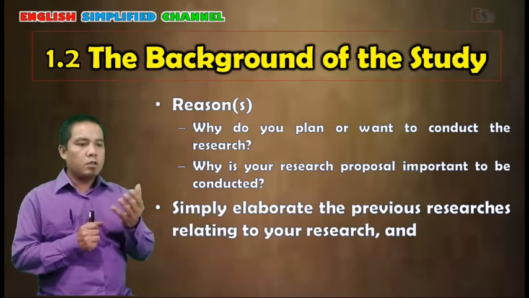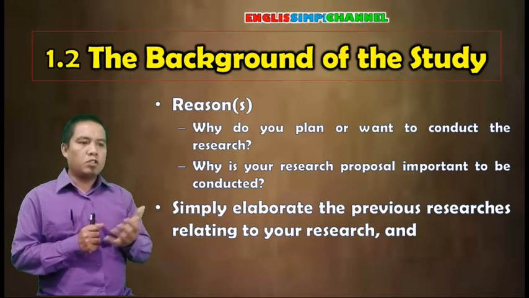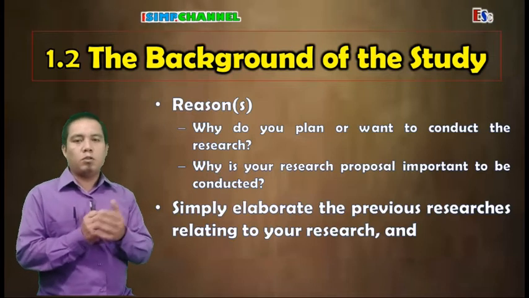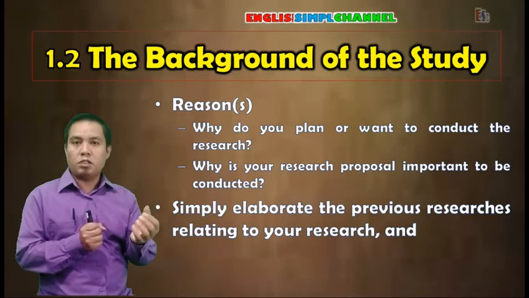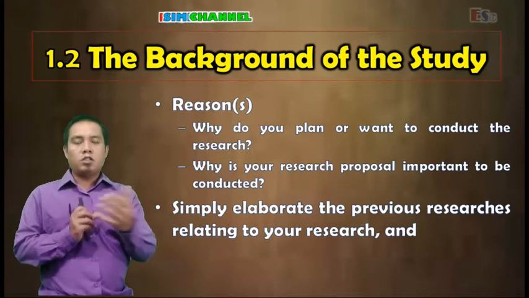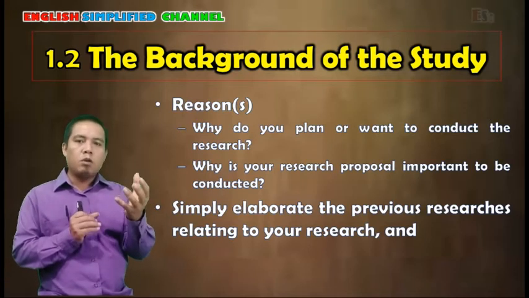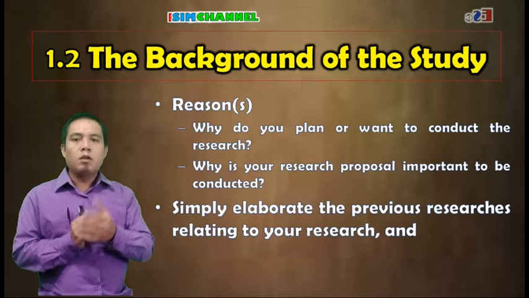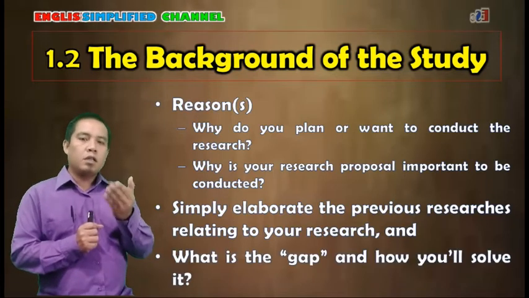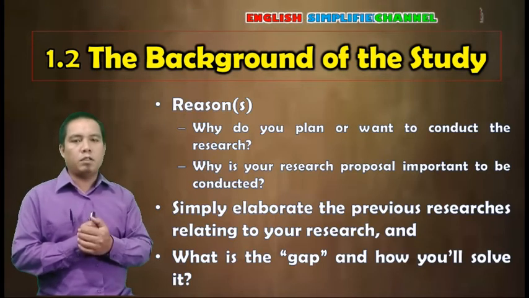And then you also need to simply elaborate the previous researches relating to your research. It means, because there is no new research, right? Your research needs to be supported by other researchers. So that's why you need to elaborate some researchers' findings relating to your research. And you need to mention what the gap is and how you will solve it.